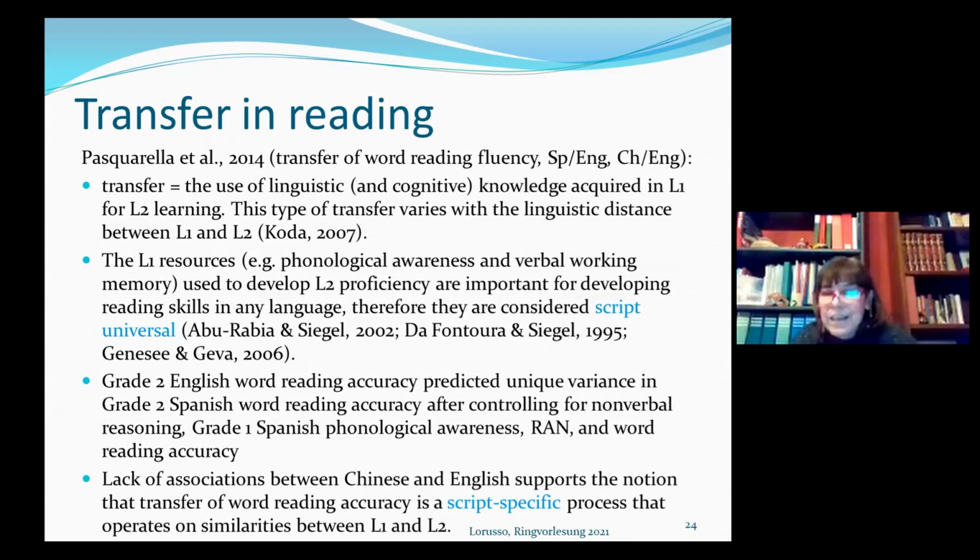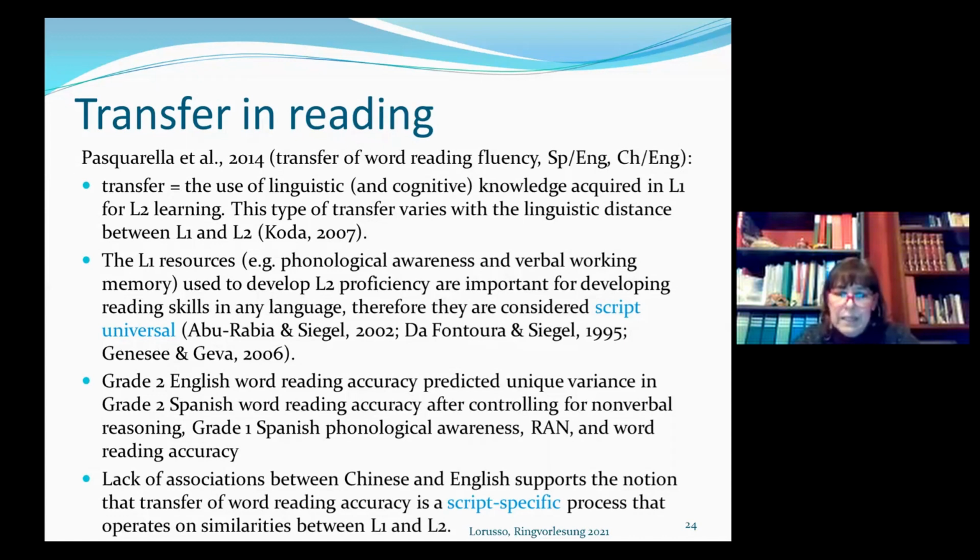A language universal, in this case script universal, process, where the L1 resources that are used to develop L2 proficiency are important regardless of the specific language that is learned in its written form.